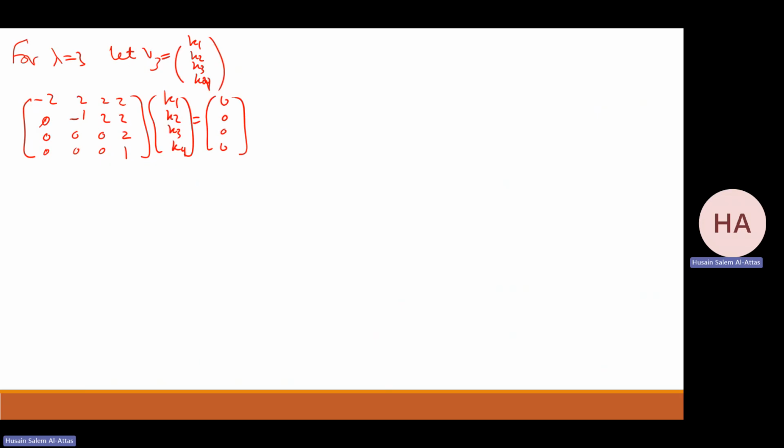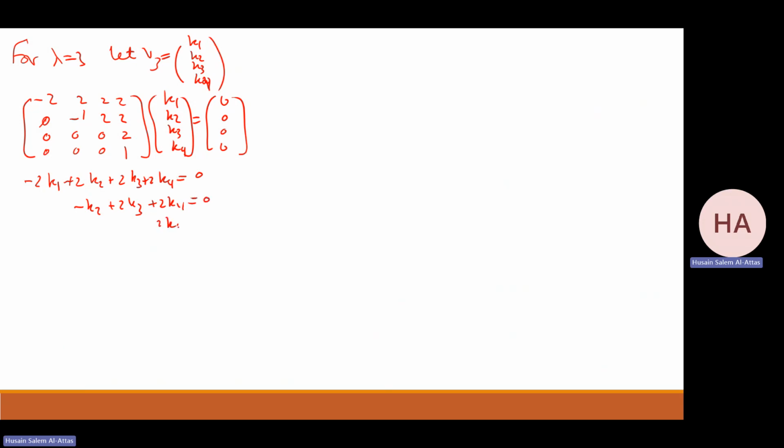Yes. So what I have? I have minus 2 k1 plus 2 k2 plus 2 k3 plus 2 k4 equal 0. I have minus k2 plus 2 k3 plus 2 k4 equals 0.